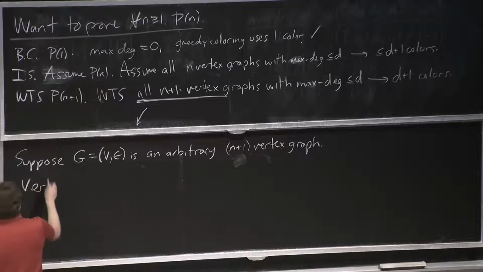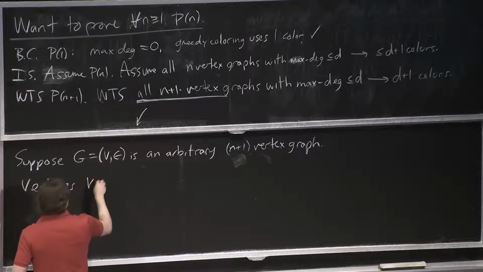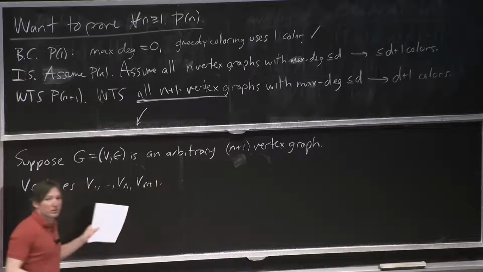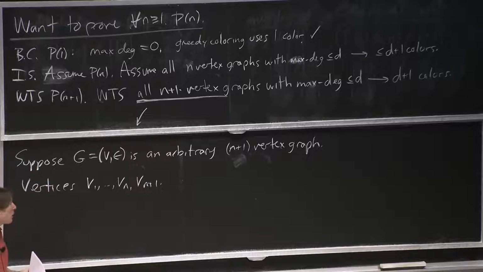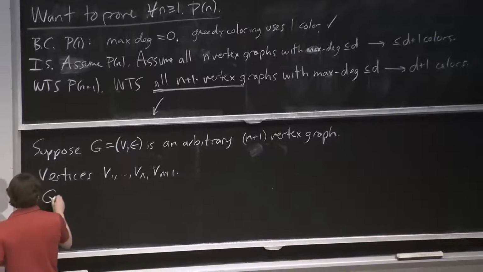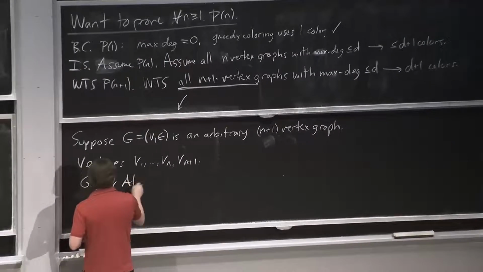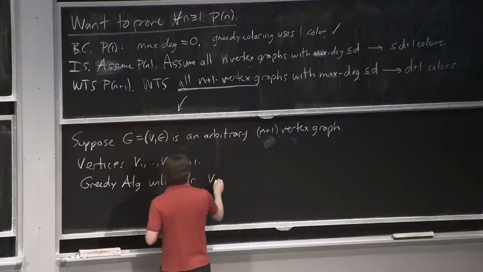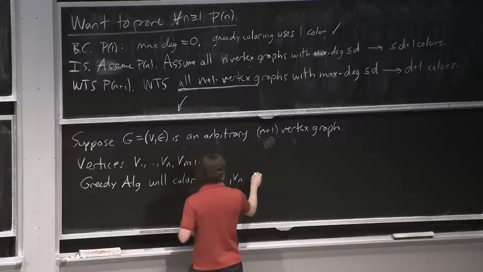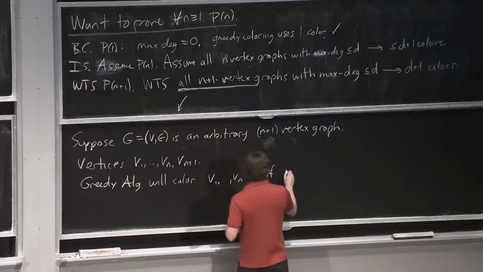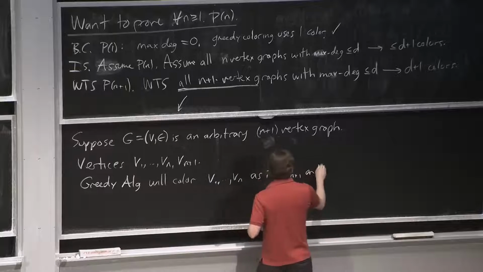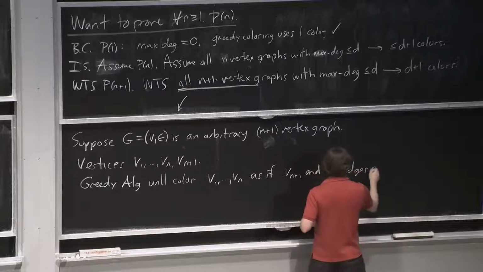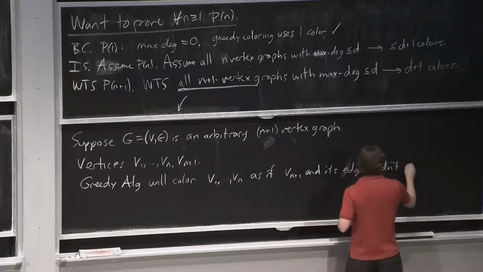So vertices v1, vn, vn plus 1. So we have whatever vertex order we're using. Now the greedy algorithm will color v1 through vn as if vn plus 1 and its edges didn't exist.